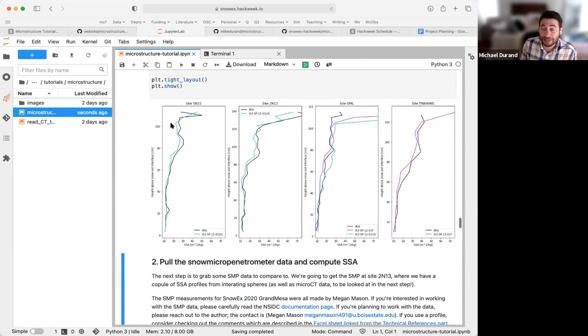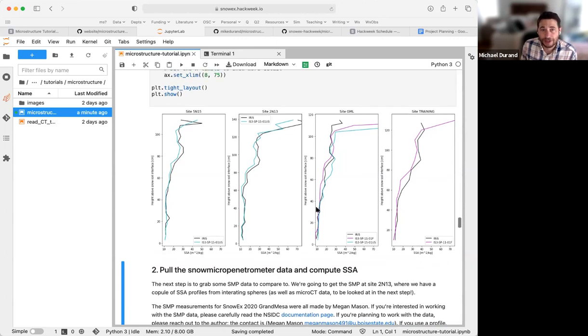You'll see the agreement's considerably worse at the top layers. There's a couple of things going on there. First, it's hard to prepare samples with fresh snow, and I can talk more about that if you're interested. And second, the curve is a little bit steep there, if that makes sense in the relationship. So basically a little bit of noise in reflectance can lead to more noise in the final SSA.